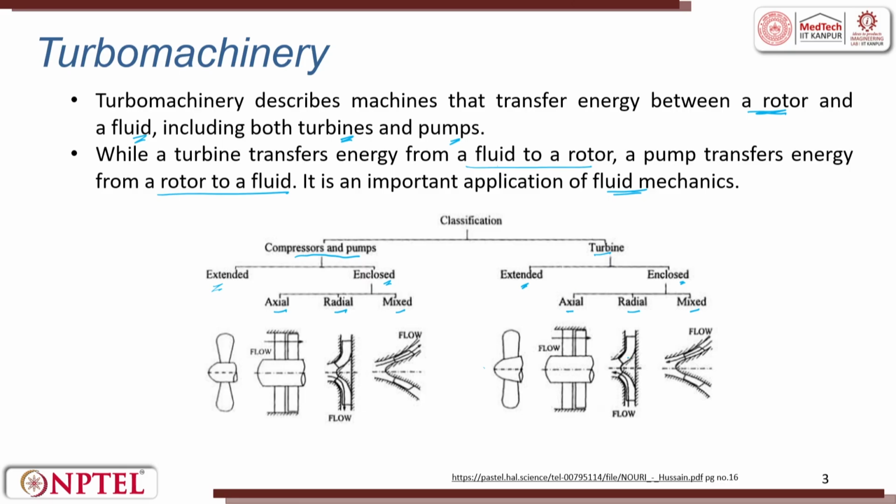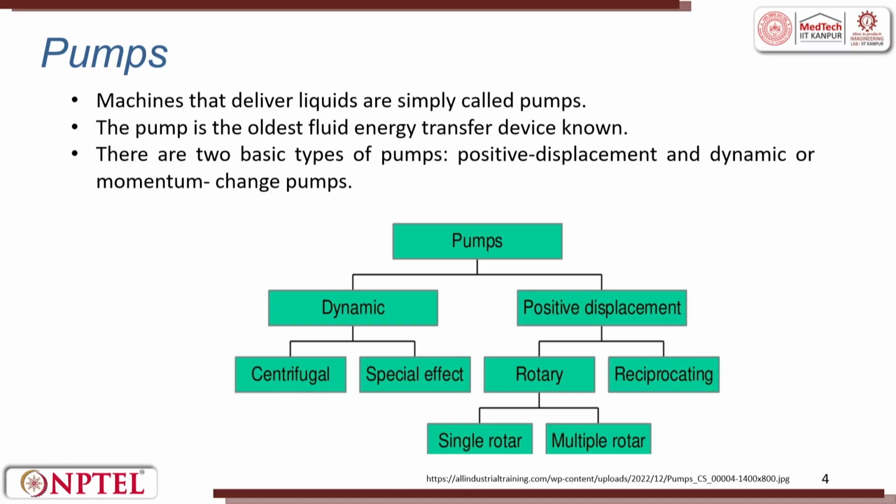When it is flowing along the radius, then it is called radial, and the third one is a mix of these two, called mixed. So, if you look at the flow, you can see there it flows along the axis. Here the fluid flow happens along the radius. Here it is a mix of both, and choosing this is very important because it tries to dictate the efficiency of the machine.